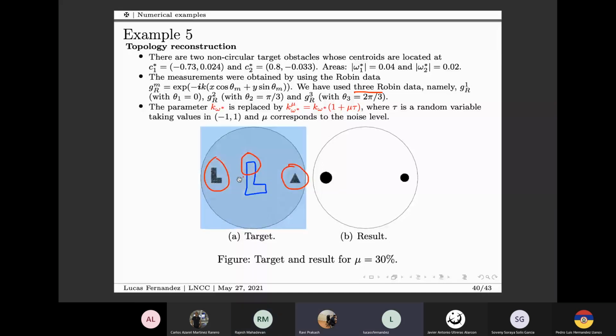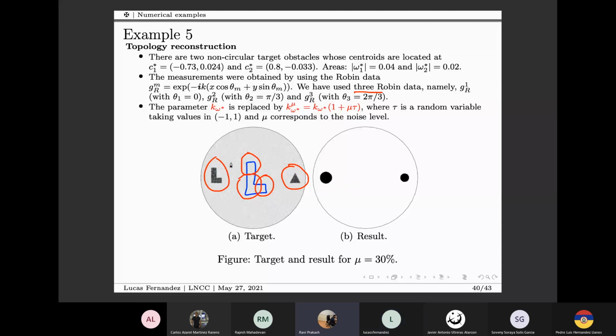We tried to do that, but we were not successful in the reconstruction. In fact, what happens is what Javi said: we are only able to recover non-circular obstacles by a circular obstacle, one to one.